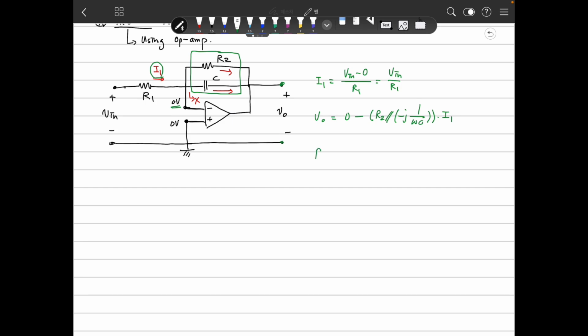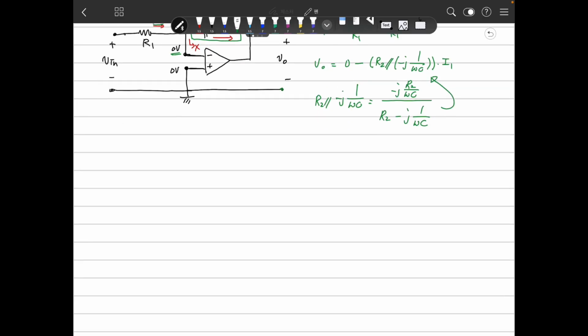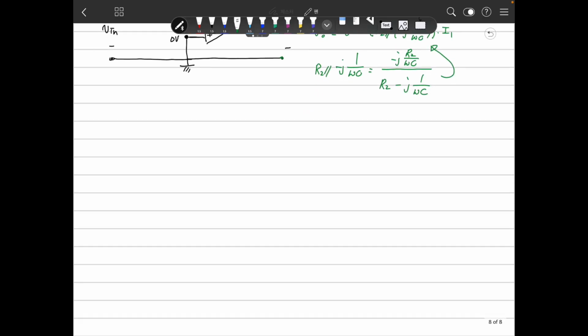And now the R2 parallel minus j 1 over omega C can be rewritten here as minus j omega C R2 over R2 minus j 1 over omega C. So you can apply it here.